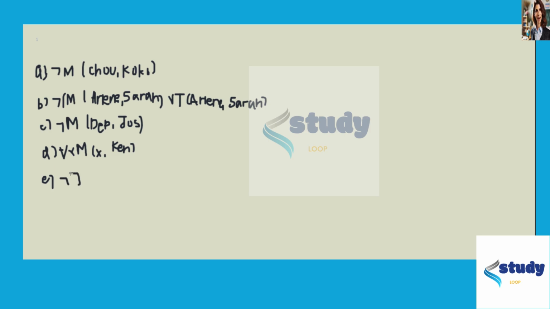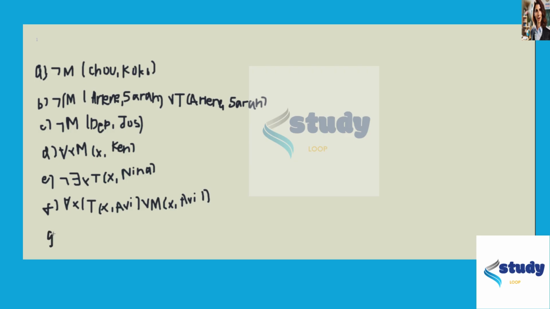So not there exists x, T(x, Nina). For F, everyone means all students, so we use our universal, for all x, T(x, Ann) or M(x, Ann).